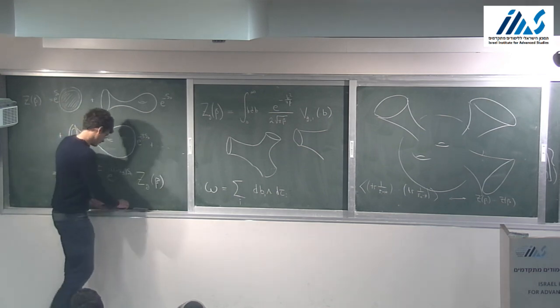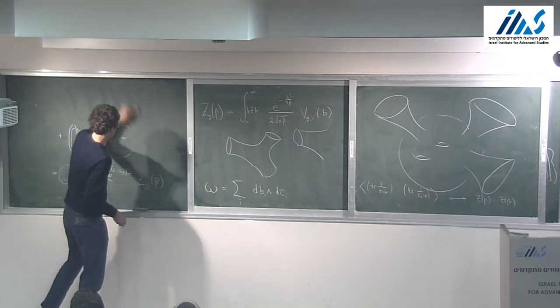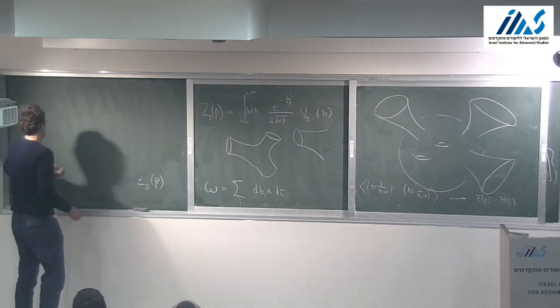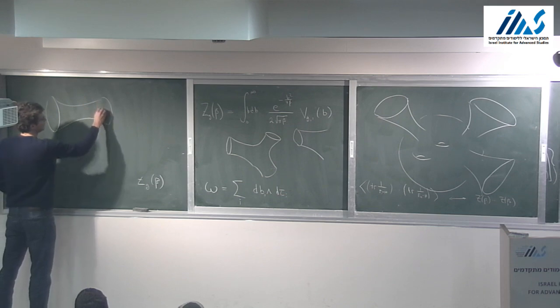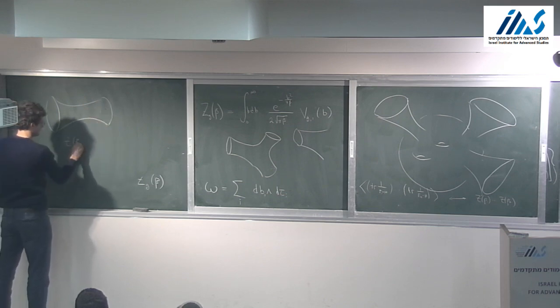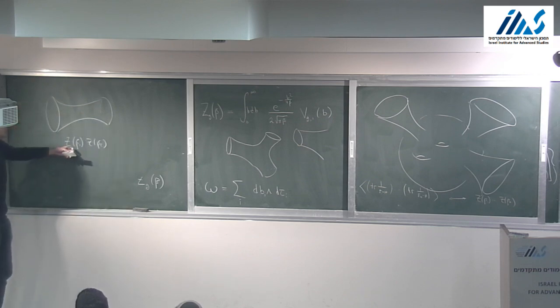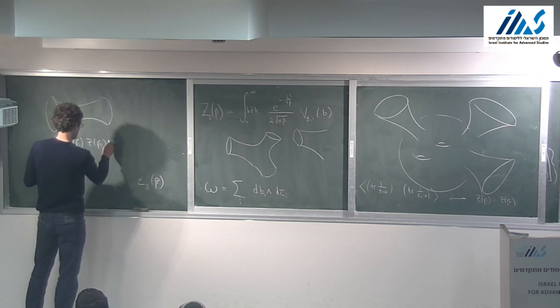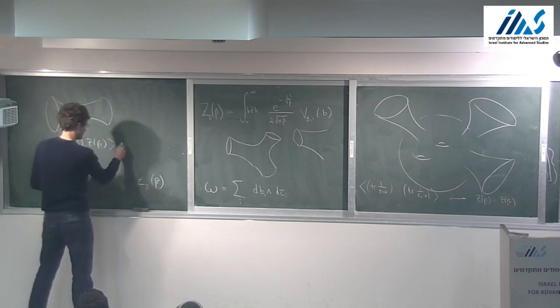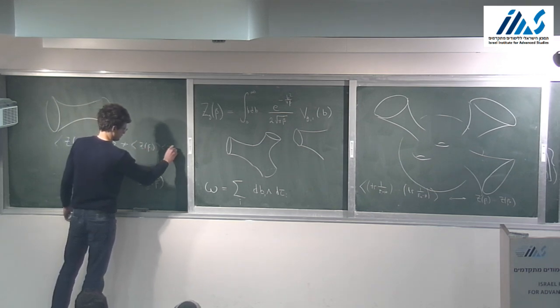And in that setting, it doesn't make sense to have a contribution like this, which contributes if we're calculating Z of beta 1 times Z of beta 2, but wouldn't contribute if we were just calculating Z of beta 1 separately. In other words, this type of contribution gives us a non-factorizing answer, where, we have to invent some notation with brackets, this thing is not equal to Z of beta 1 times Z of beta 2.